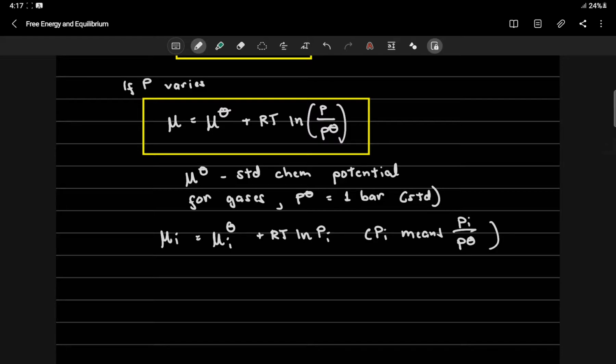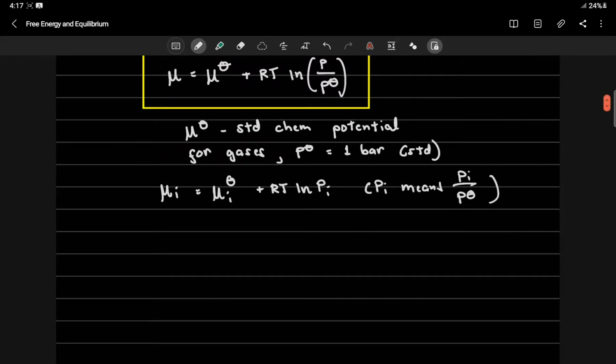Now, pinag-uusapan natin kanina, what if you have other substances? So ano yung kanilang standard states? Okay, for solids, ang kanyang standard state, so let me tabulate it like this. Standard state for solid is that yung solid mo dapat it's a pure substance and the pressure should be 1 bar.